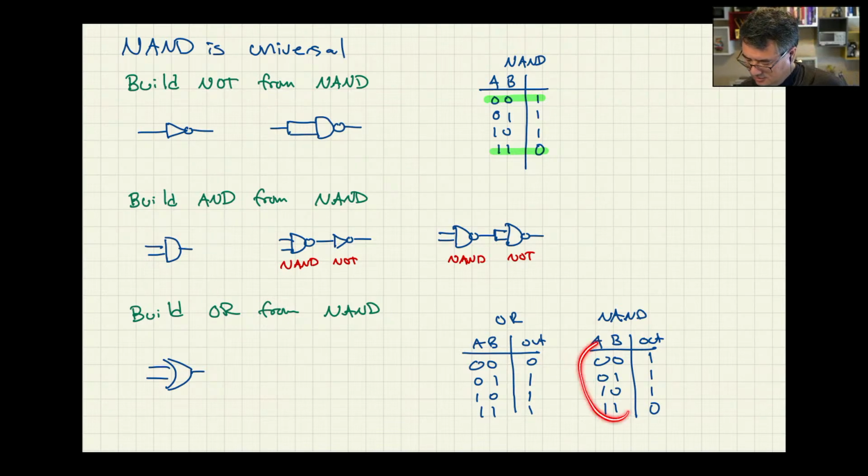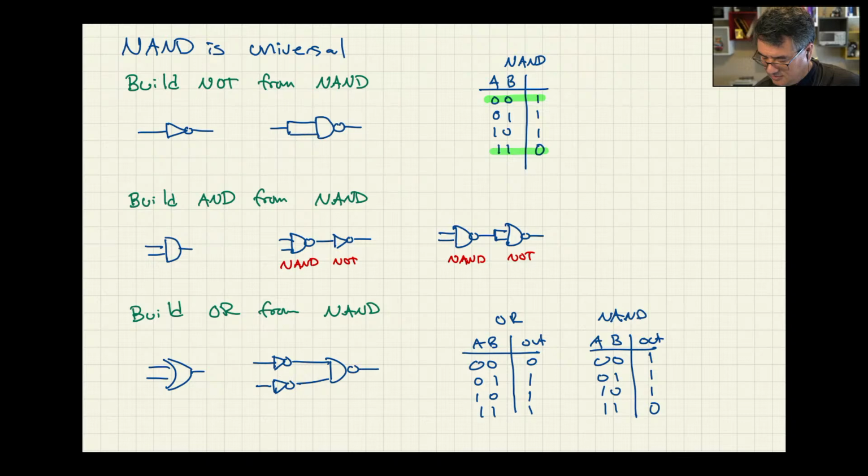You can see the input columns here are just the same as the input columns from the other table, but they've been reversed. So what we have to do is invert the inputs coming into a NAND. And that gives us our OR.